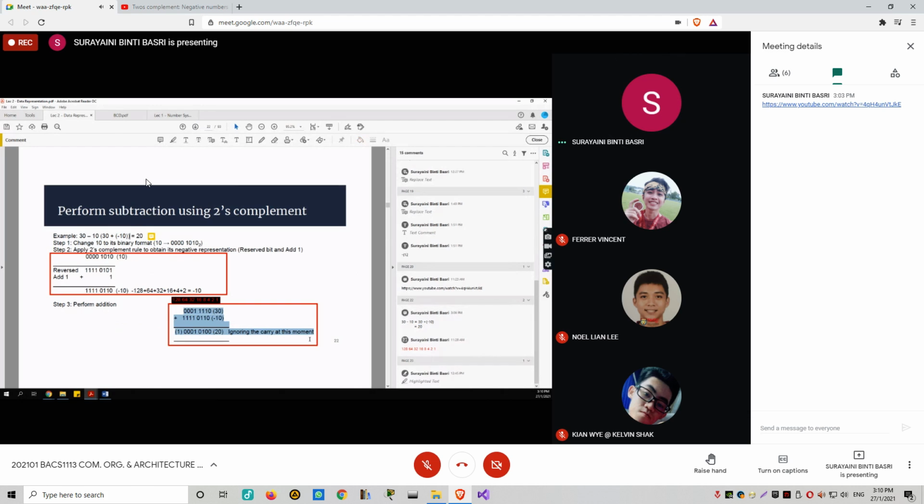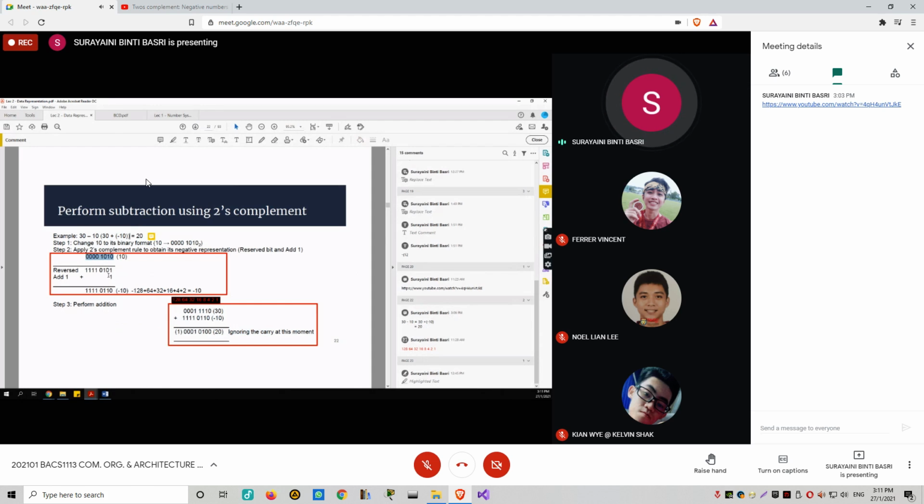First, we need to convert the second number, the number that you want to subtract from the original number, which is 10. So 10 in decimal will be represented with this number.